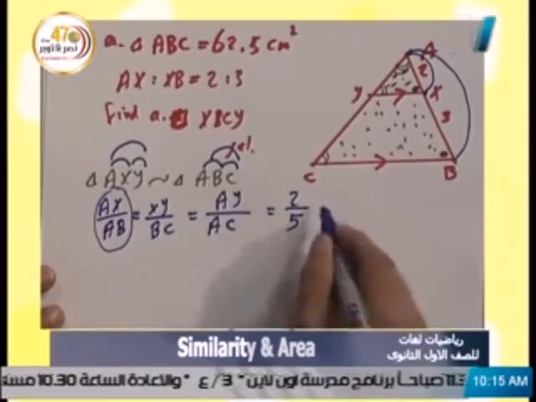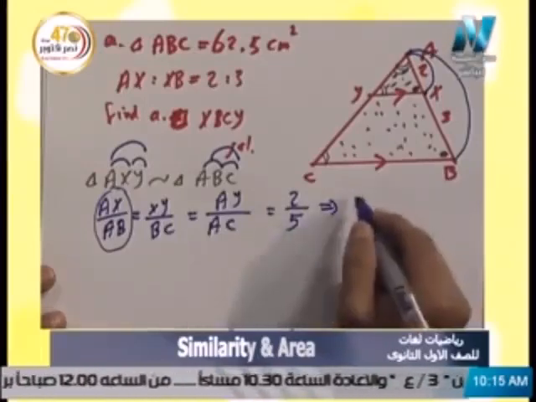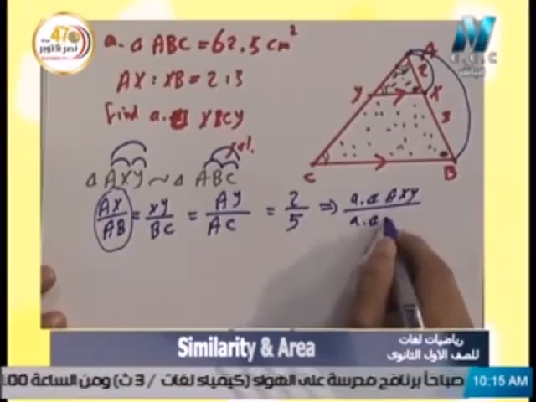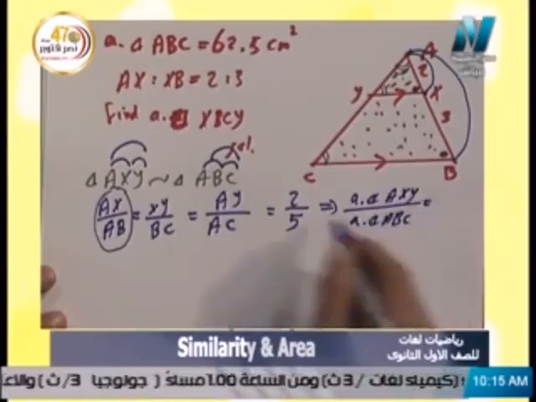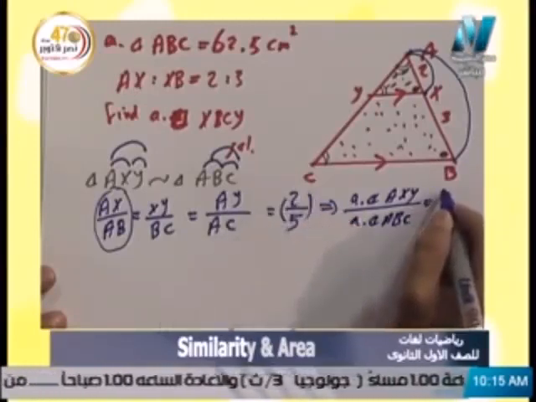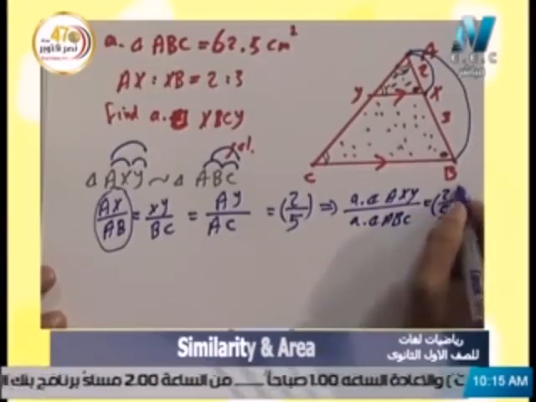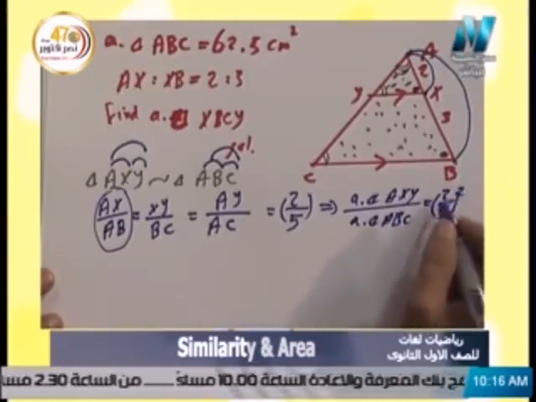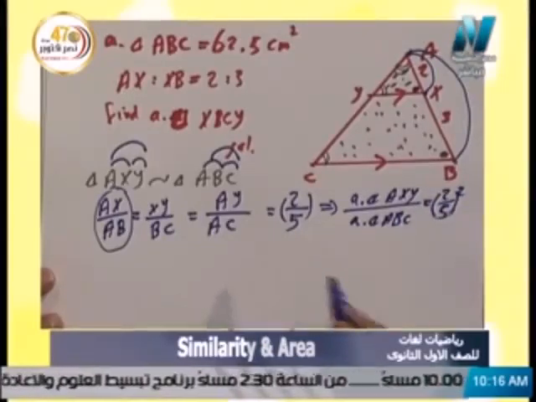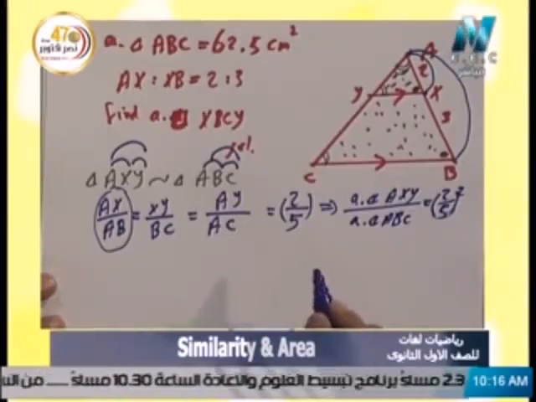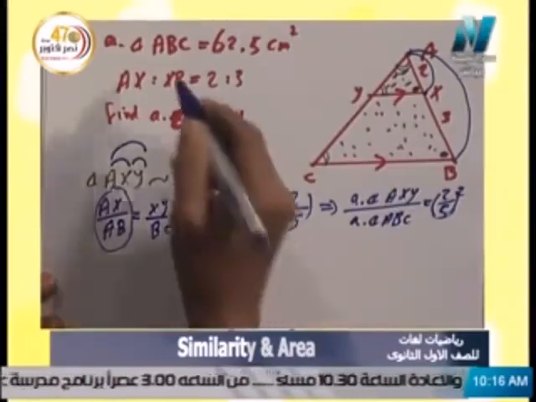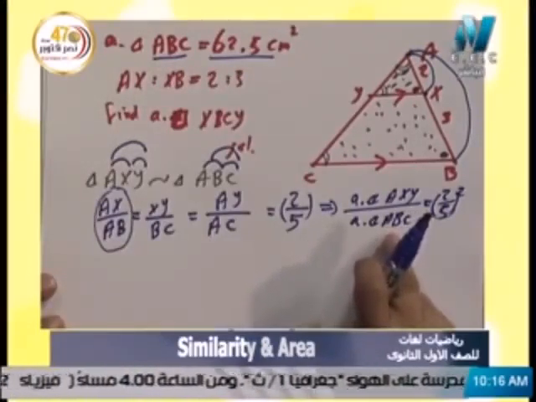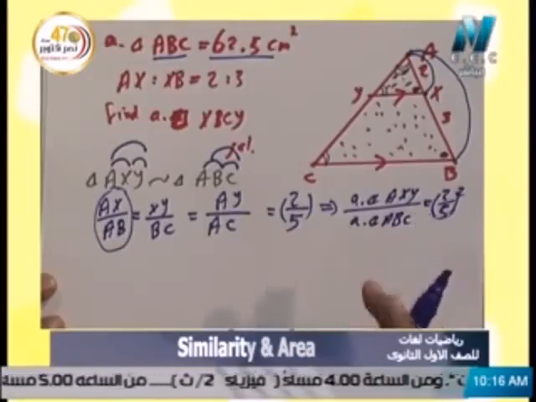Okay? And if we talk about the area of triangle AXY over area of triangle ABC, it will equal 2 over 5 but squared, because we know that the ratio between the areas equals the square of the similarity ratio. Okay, now we have the area of triangle ABC, which is the bigger one, in the denominator here, equals 62.5 square centimeter.